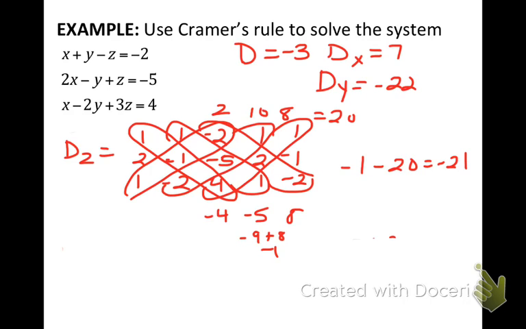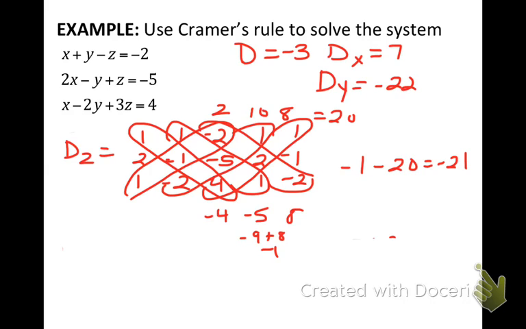Yep. All right, so if we needed to find x, we're going to use d of x and divide it by d. Our d of x we said was 7, our d is negative 3, so x would be equal to negative 7/3. y would be equal to our dy, which we said was negative 22, divided by negative 3, so 22/3, because negative divided by negative is positive.